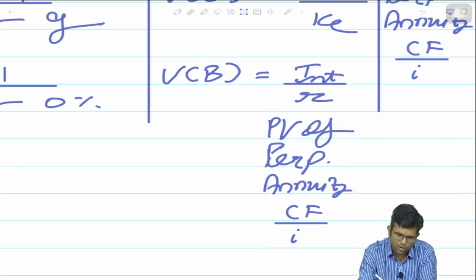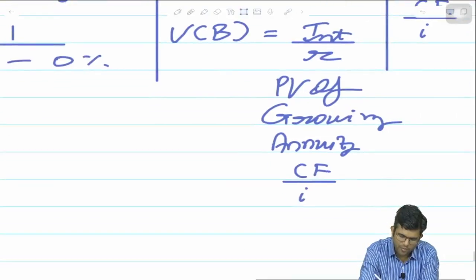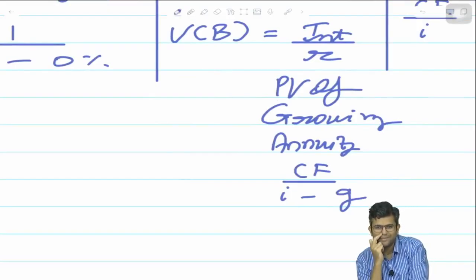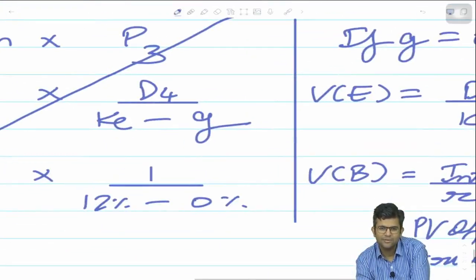Present value of growing annuity is CF upon I minus G. There was this formula in foundation. It's there in the ICEM module, I have seen it. So you realize we are basically doing the same thing, no?